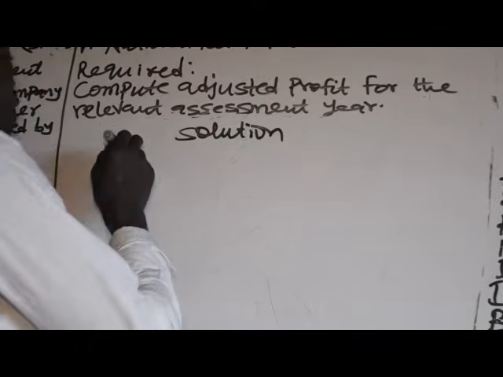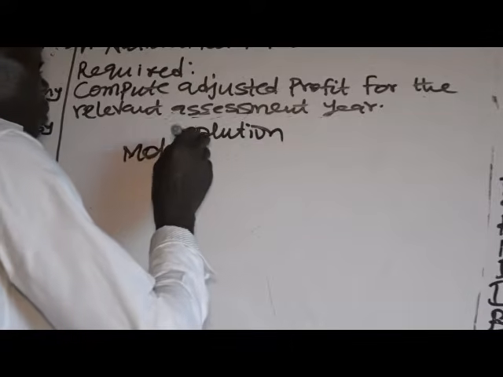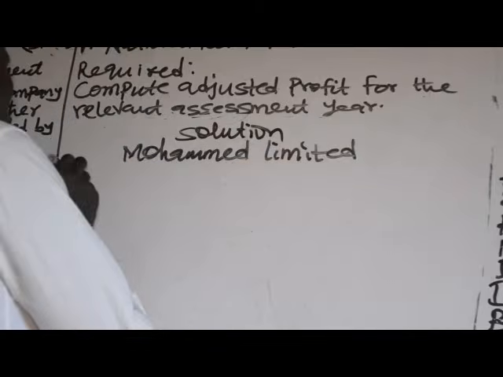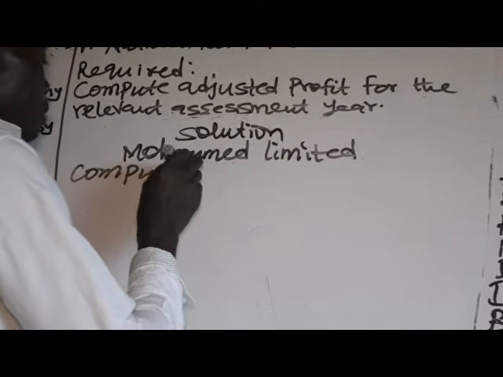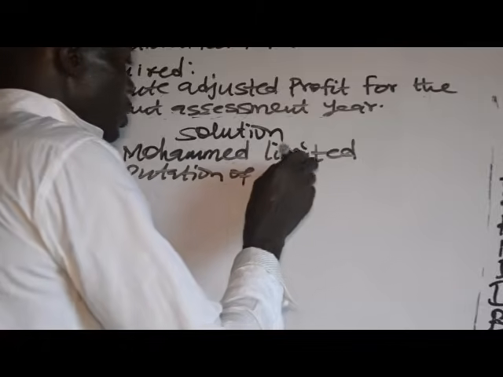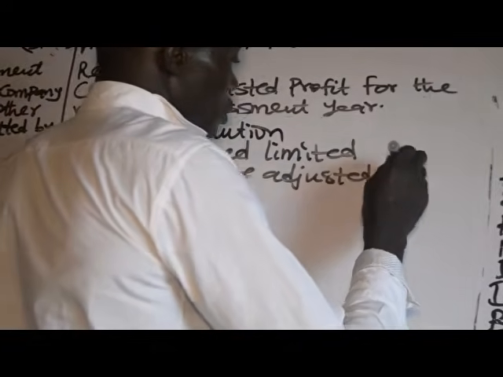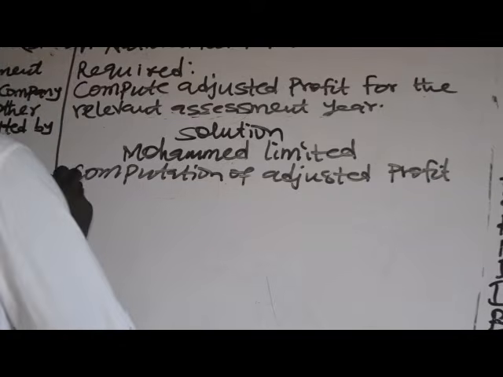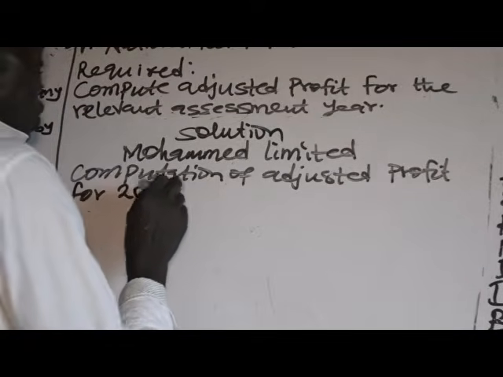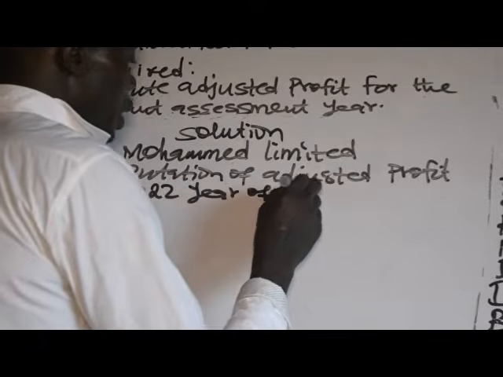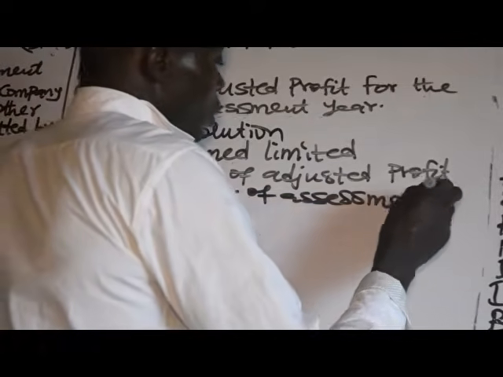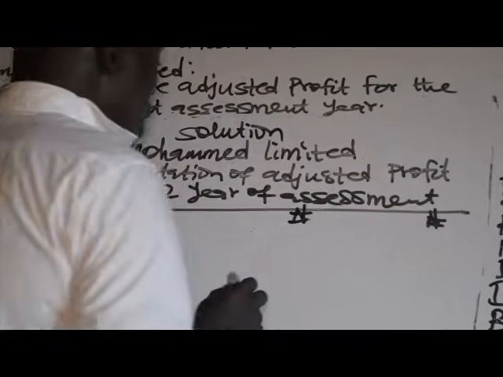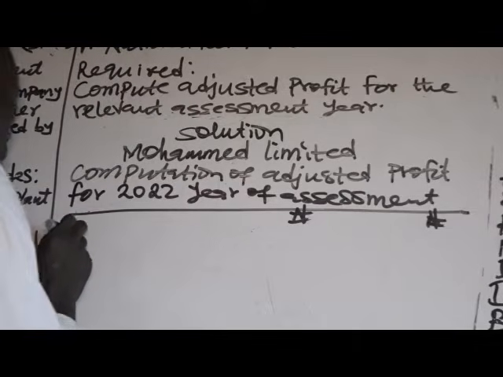The name of the entity is Mohammed Limited. Computation of adjusted profit for 2022 year of assessment. I've told you that in this second method, you are going to start with taxable income.